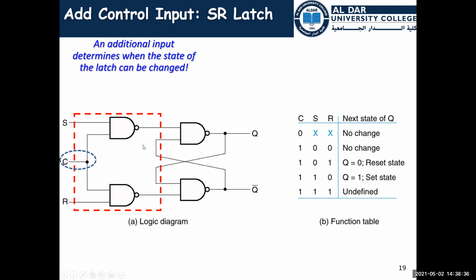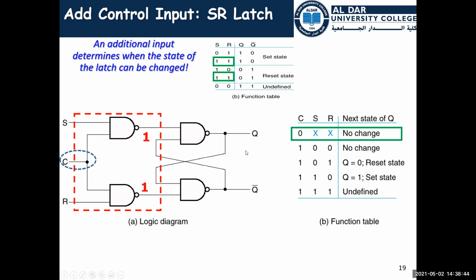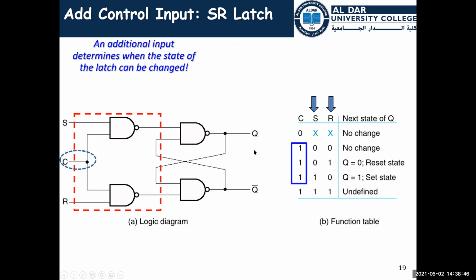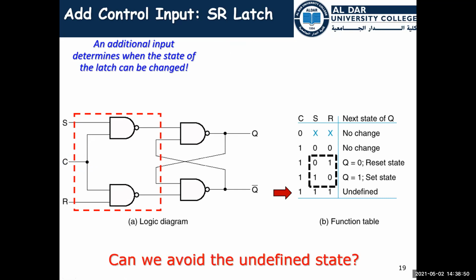If the control is 1, this is exactly as we studied before, the previous SR latch. I mean, if the control is at 0, there is no change in the output.